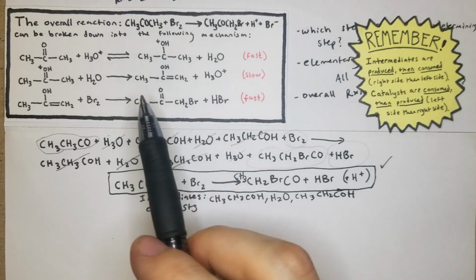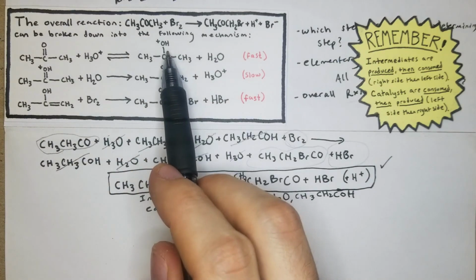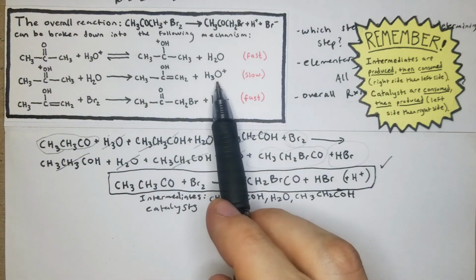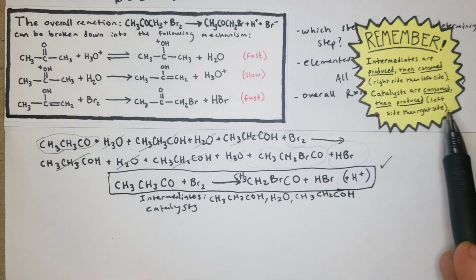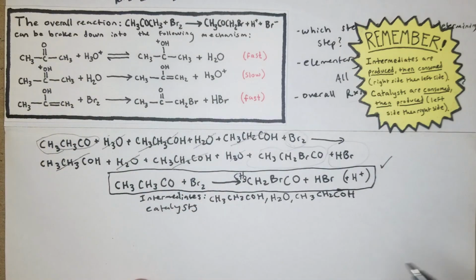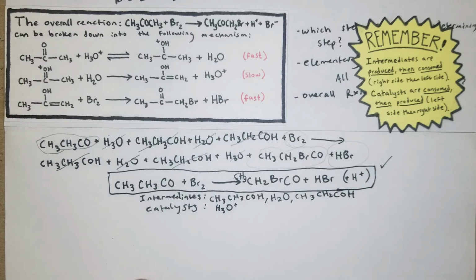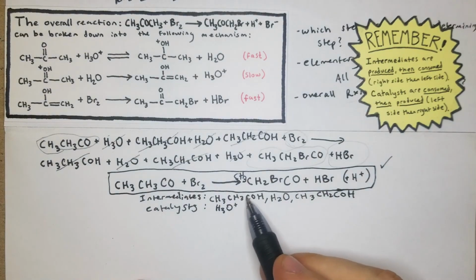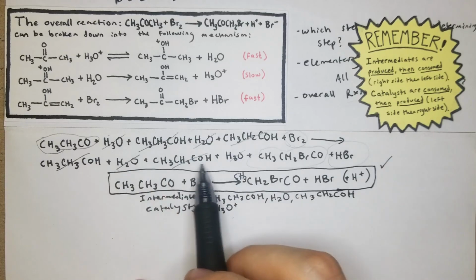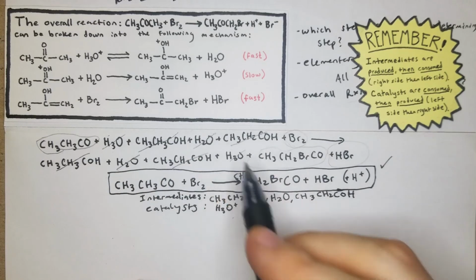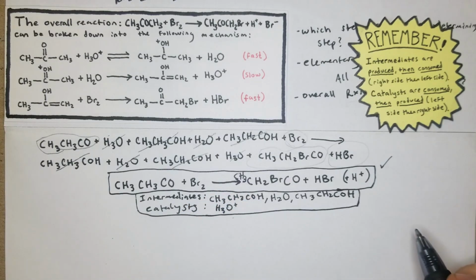Right off the bat we have the H3O+, consumed here and then produced out here. So it fits the category. One of our catalysts is going to be H3O+. Is there anything else? Nope, looks like we covered everything we canceled out in this equation. So that is going to be our answer for that.